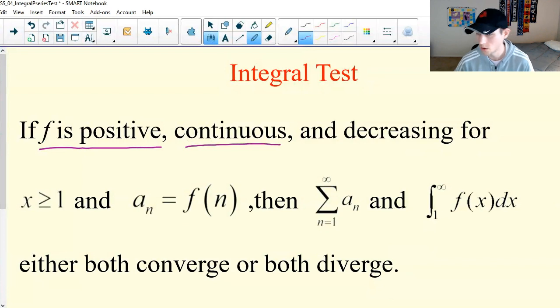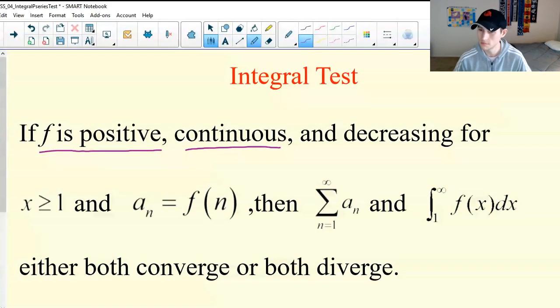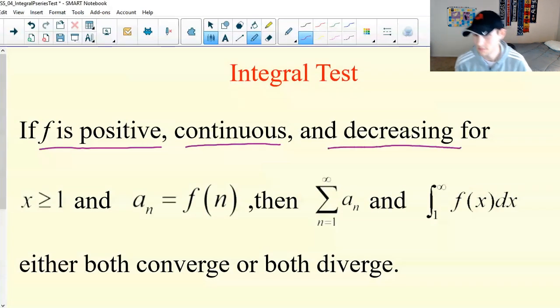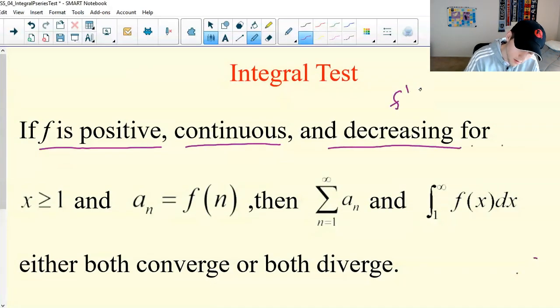Continuous, okay? No asymptotes, holes, or discontinuities. And decreasing. Another way to think about decreasing is that the derivative is always less than 0.